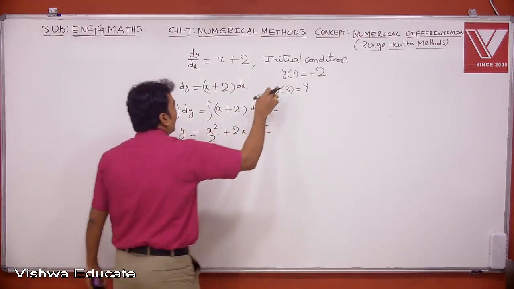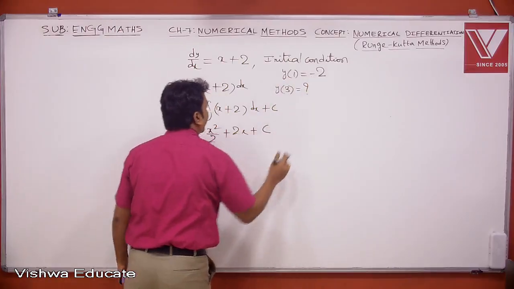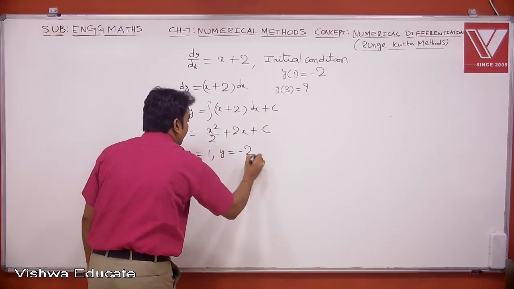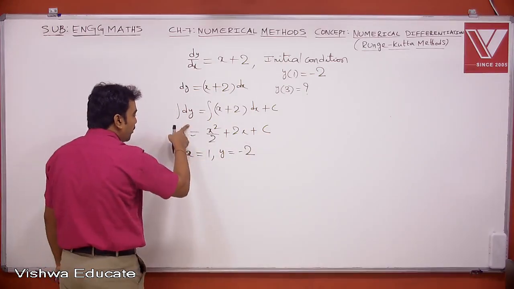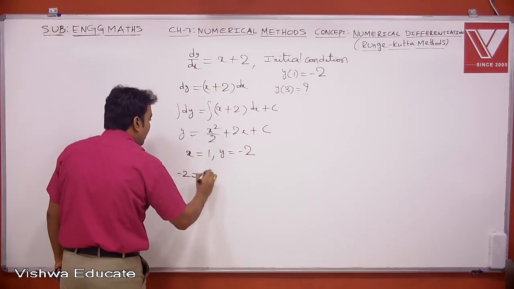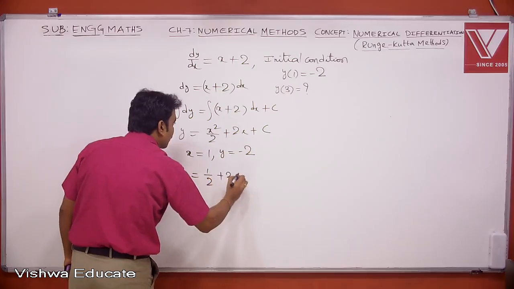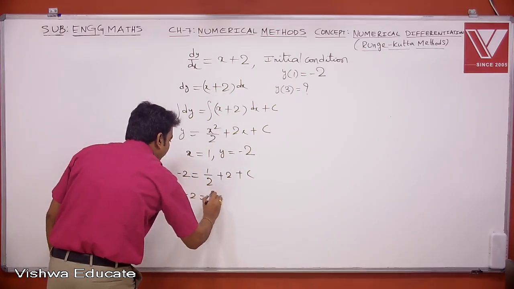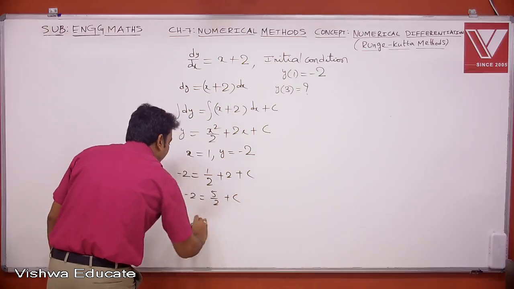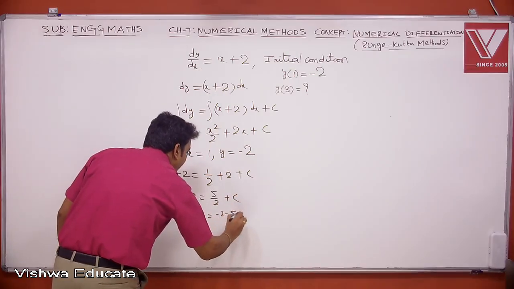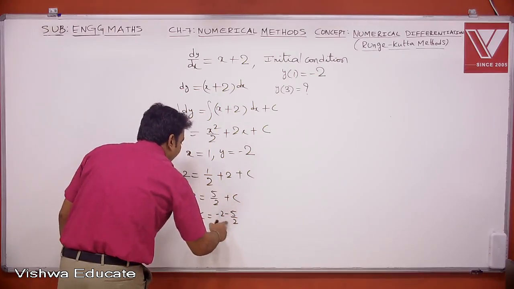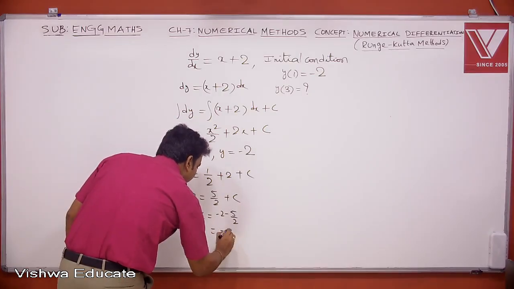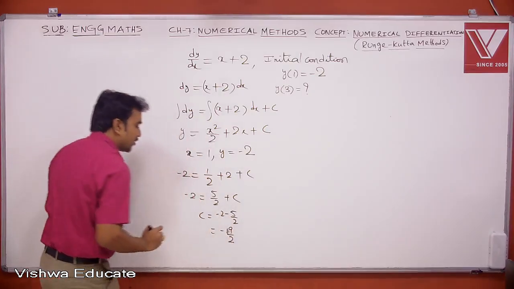Now here my boundary condition is y of 1 equal to minus 2. That means when x equal to 1, y becomes minus 2. So let us substitute these values, y value minus 2, x value 1: 1 by 2 plus 2 plus c. So here minus 2 equal to 5 by 2 plus c. So the c value is minus 2 minus 5 by 2, which is minus 9 by 2.